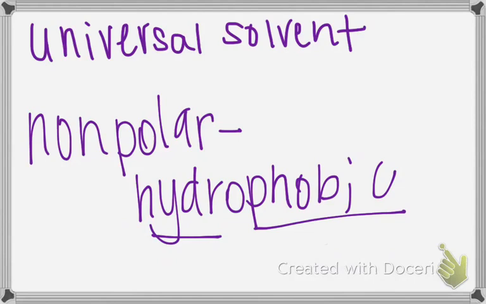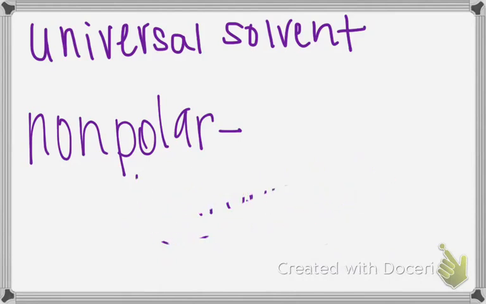Hydrophilic is a molecule that likes water. Water can attach to this. The substance loves water. And so if you remember back to the phospholipid, remember that phospholipid's in the cell membrane.